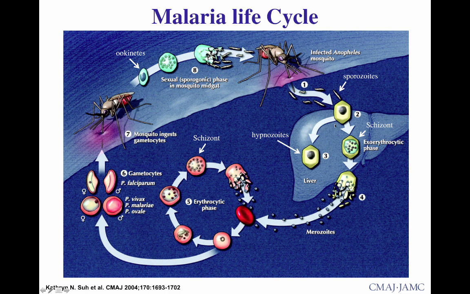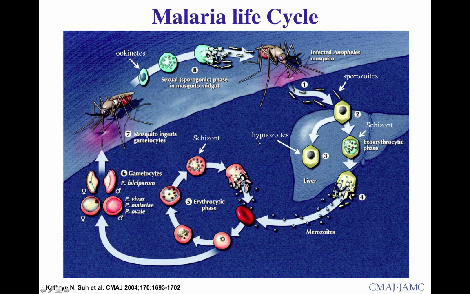In the liver, they're going to be able to form a schizont, and the schizont is a liver cell that is infected with the sporozoites that are now differentiating. Depending on the species, for example, Plasmodium ovale and Plasmodium vivax, they can have another state in which the sporozoites remain inside the liver cell, forming a cell that is called a hypnozoite.